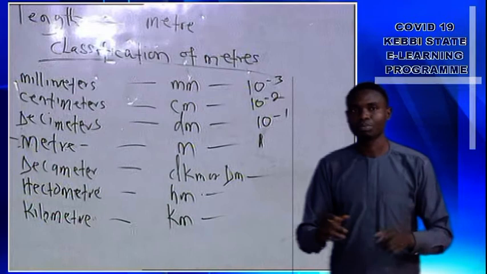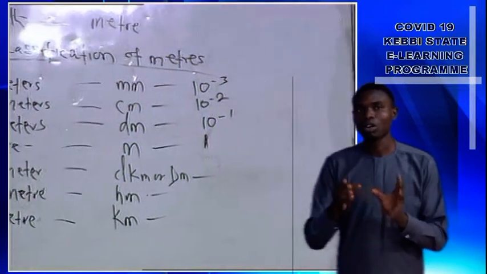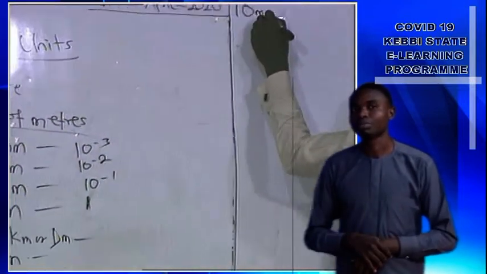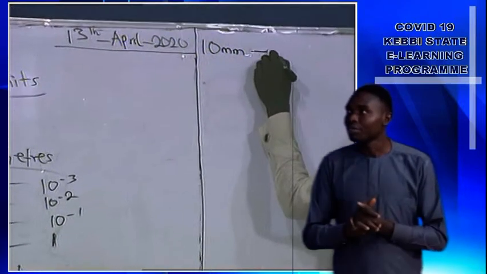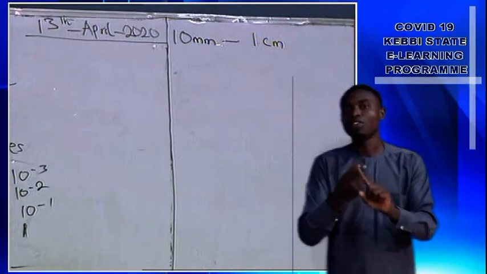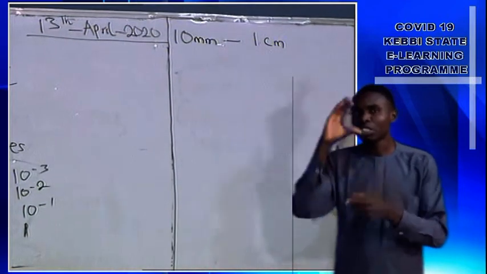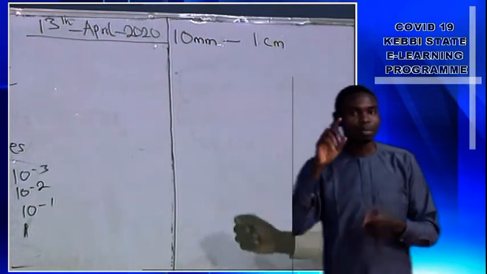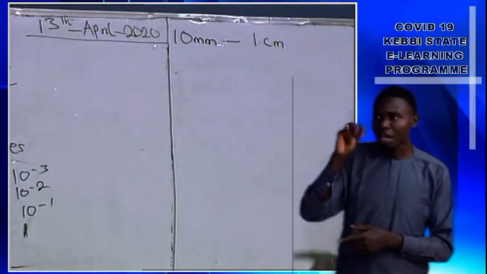Now, as we are saying, 10 millimeters will give us 1 centimeter. 1, 2, 3, up to 10 millimeters will give us only 1 centimeter.